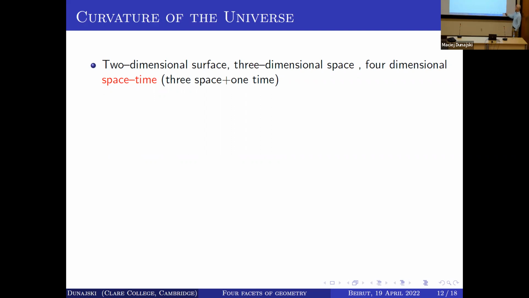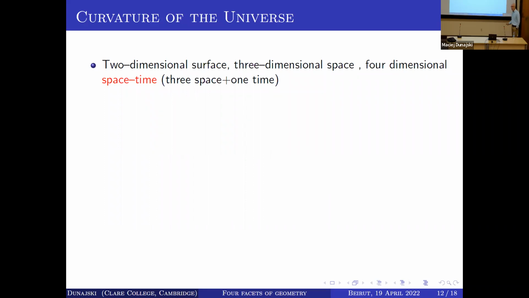We talk about a surface, like the surface of a disk, a plane or a sphere. We say it's 2-dimensional because there are 2 degrees of freedom: 2 numbers you need to specify a point on the surface. Well, you can then talk about 3-dimensional space.